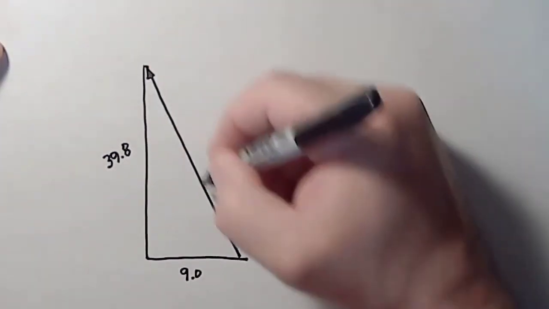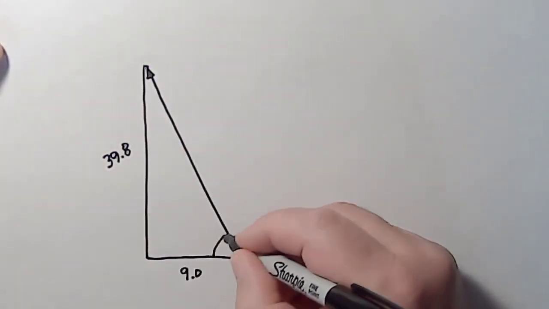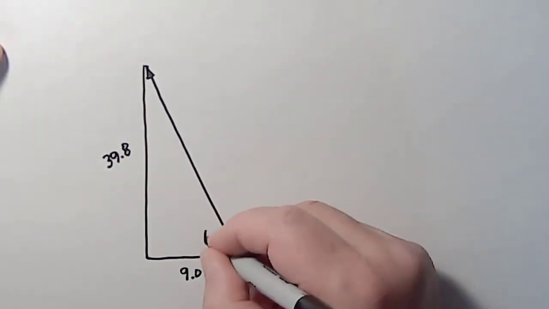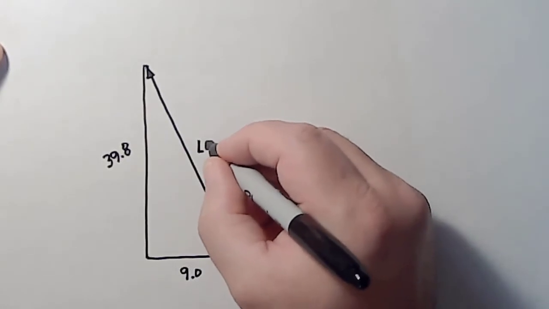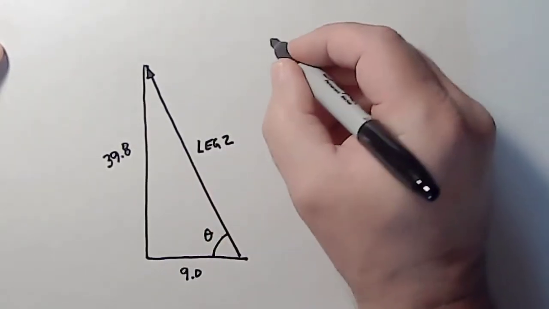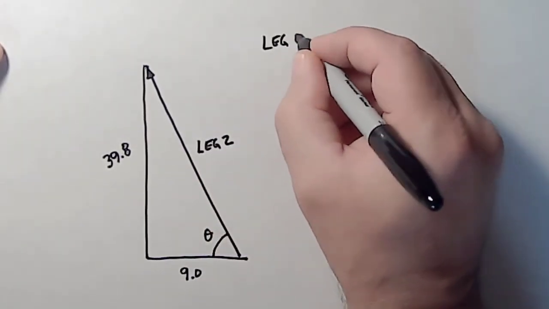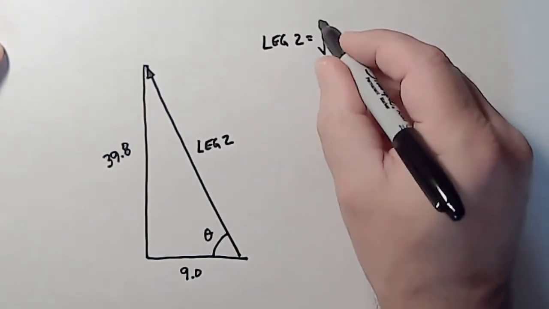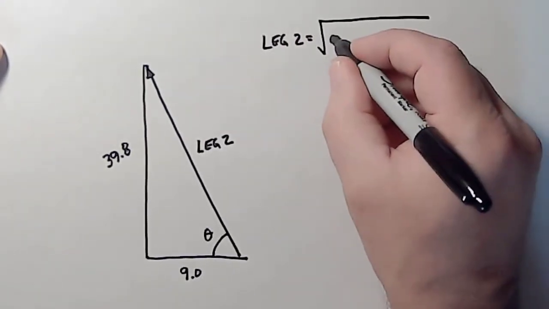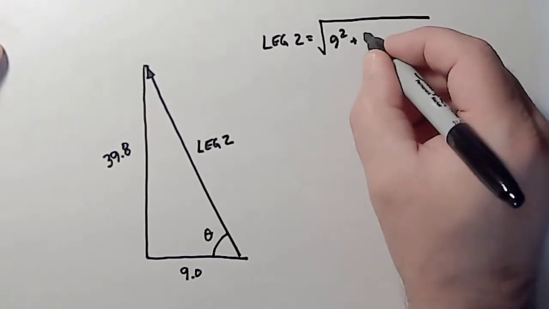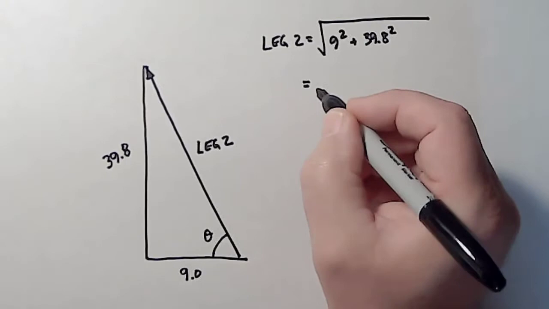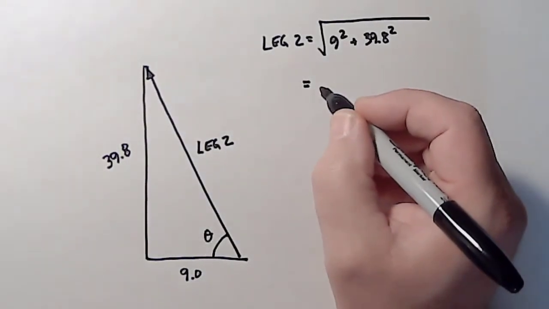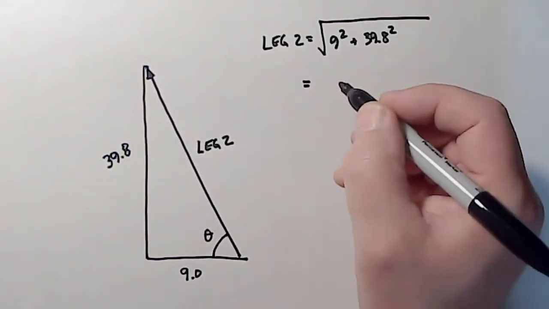And I can figure out this length and this angle very easily. So leg 2 equals the square root of 9 squared plus 39.8 squared, and that equals 40.8.